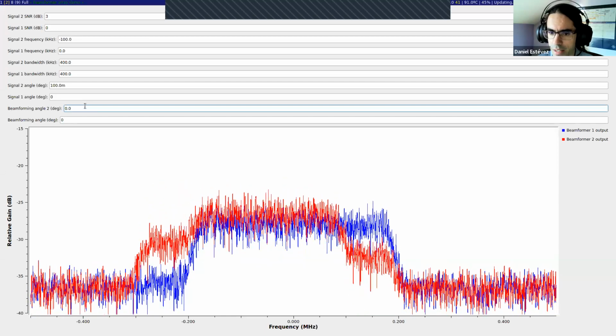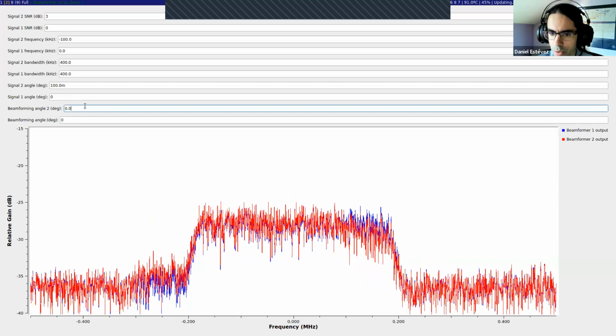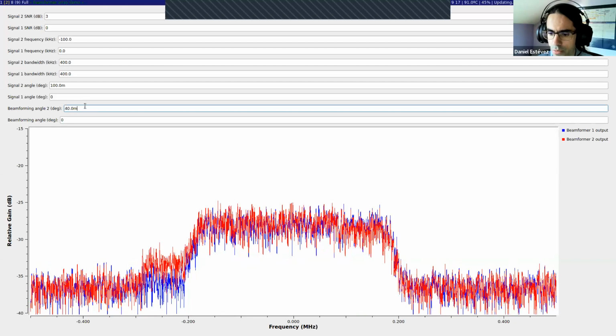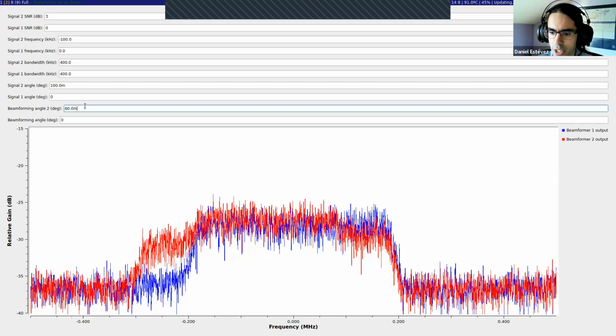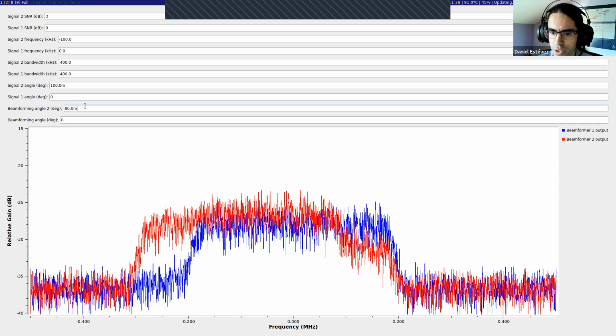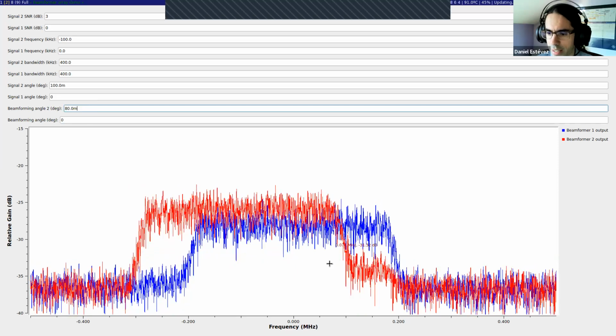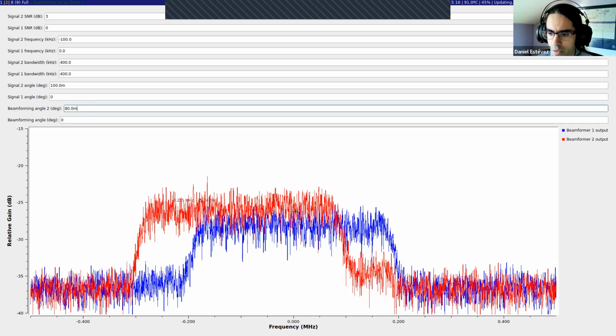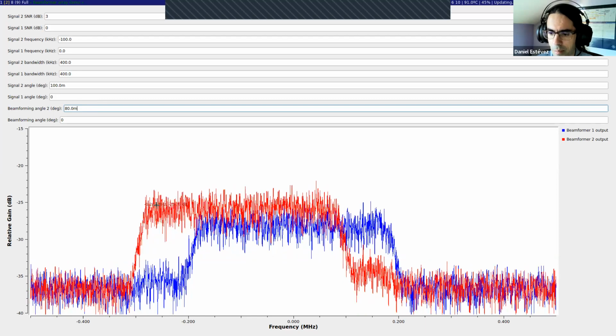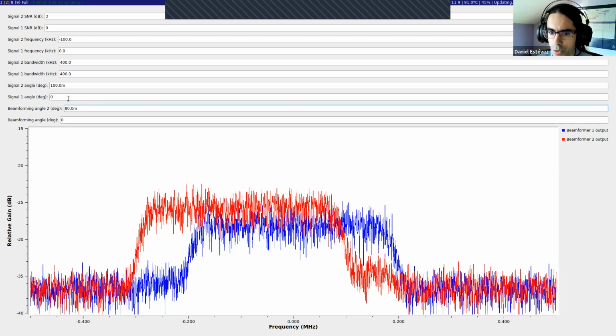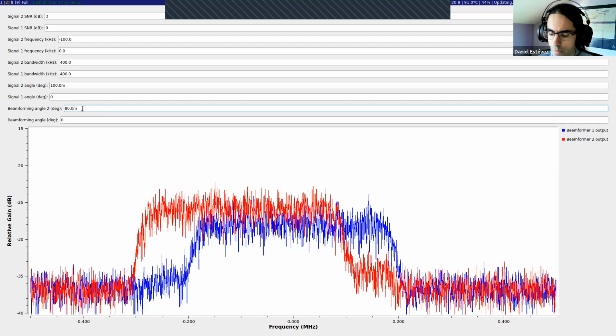So I did 0, 0.02, 0.04. And if I take measurements at all of these locations, then I kind of have a map of the power distribution versus angle on the sky, or versus location.